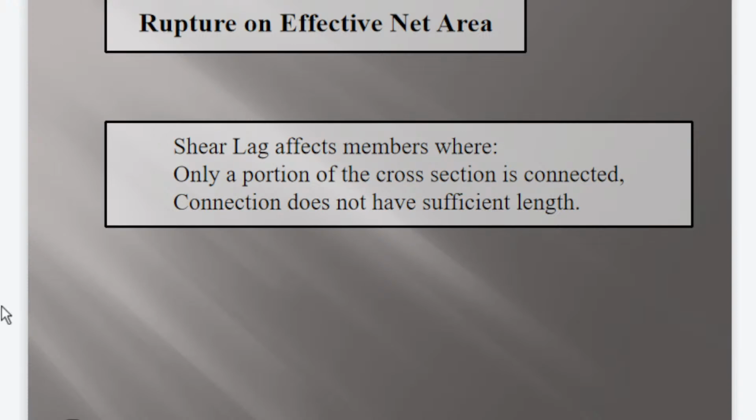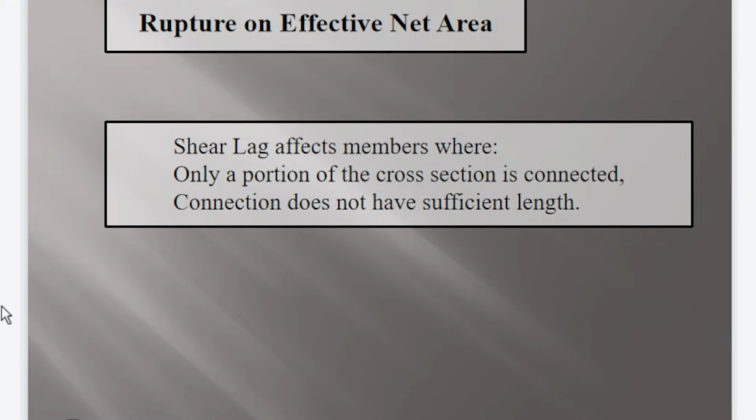We have shear lag that affects members. What we just presented is what we call shear lag.